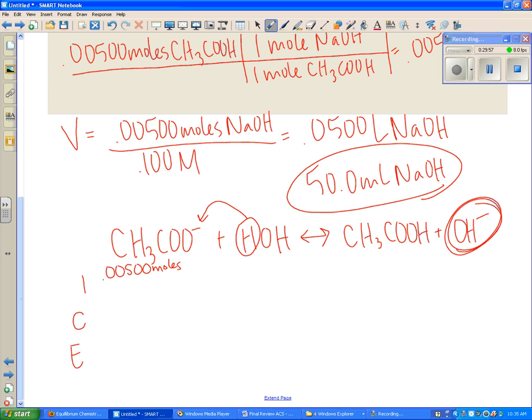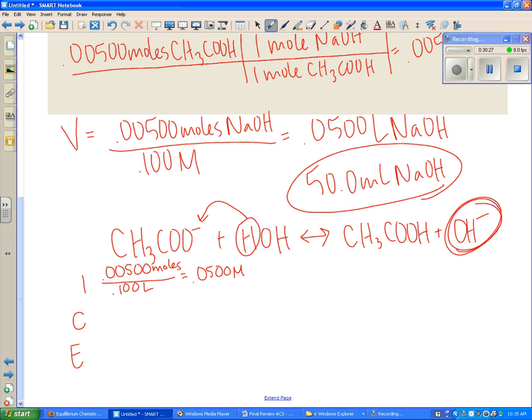I need to know concentration, though, for this ICE table. What volume will this be in at the point of complete neutralization? I will have had to add 50 milliliters of base to the 50 milliliters of acid. 100. So divide by 0.100 liters is 0.0500 molar.